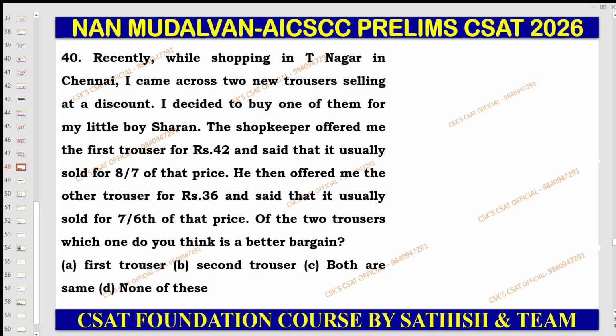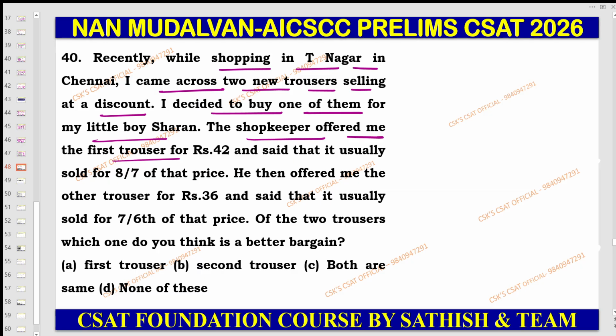Here with this question: recently, while shopping in T Nagar in Chennai, I came across two new trousers selling at a discount. I decided to buy one of them for my little boy. The shopkeeper offered me the first trouser for rupees 42 and said that it usually sold for 8 by 7 of that price. Right. So this is nothing but a discount price.